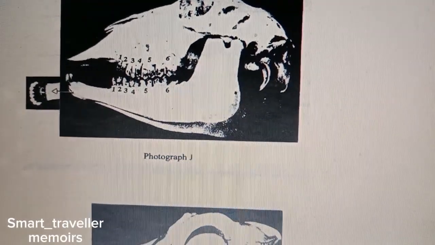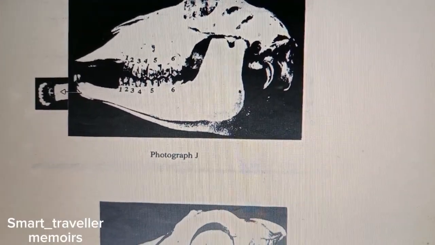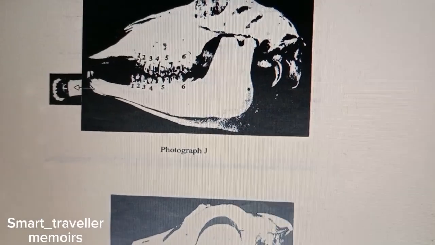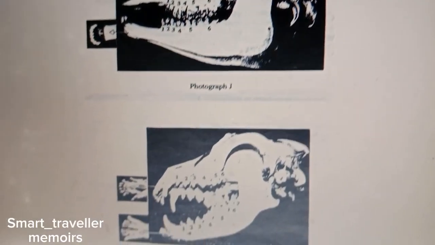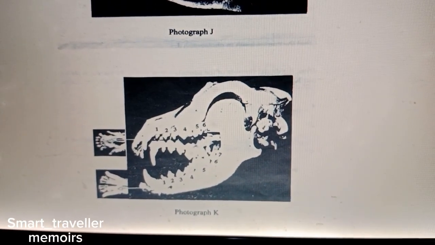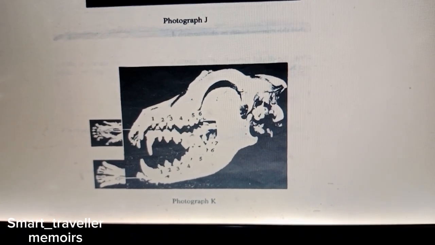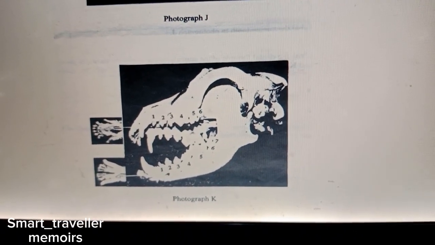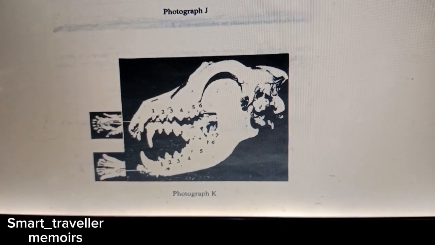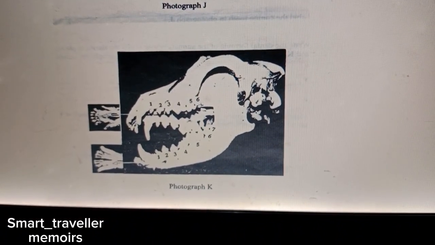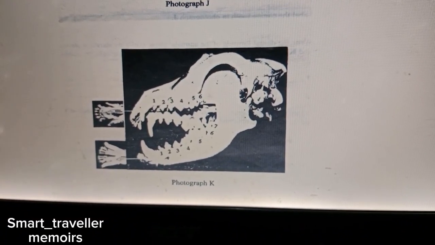1, 2, 3, 4, 5, 6. The teeth are numbered there. Then you can see K. The same. 1, 2, 3, 4, 5, 6, 7. 1, 2, 3, 4, 5, 6. Guys, can you see that? Yeah.